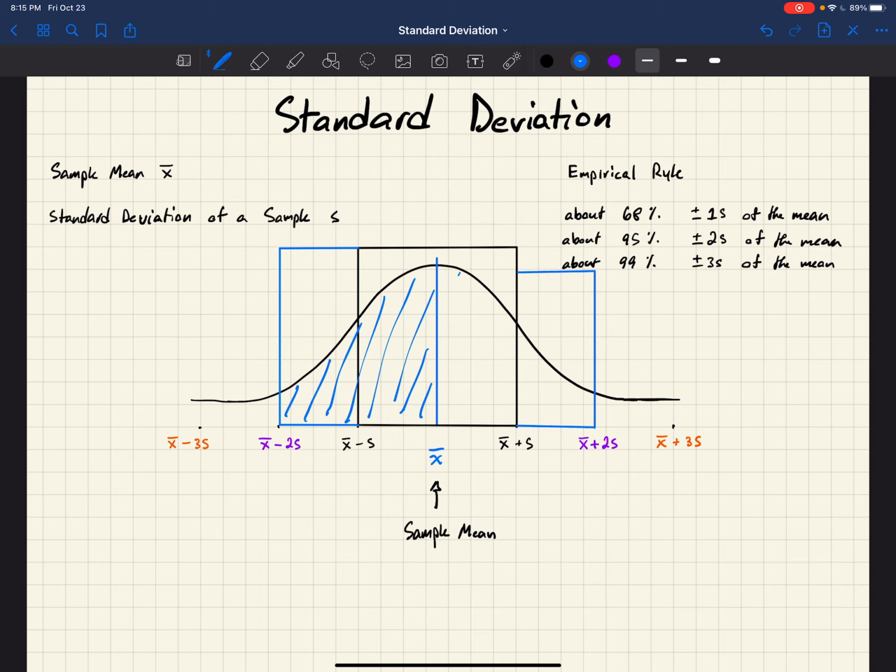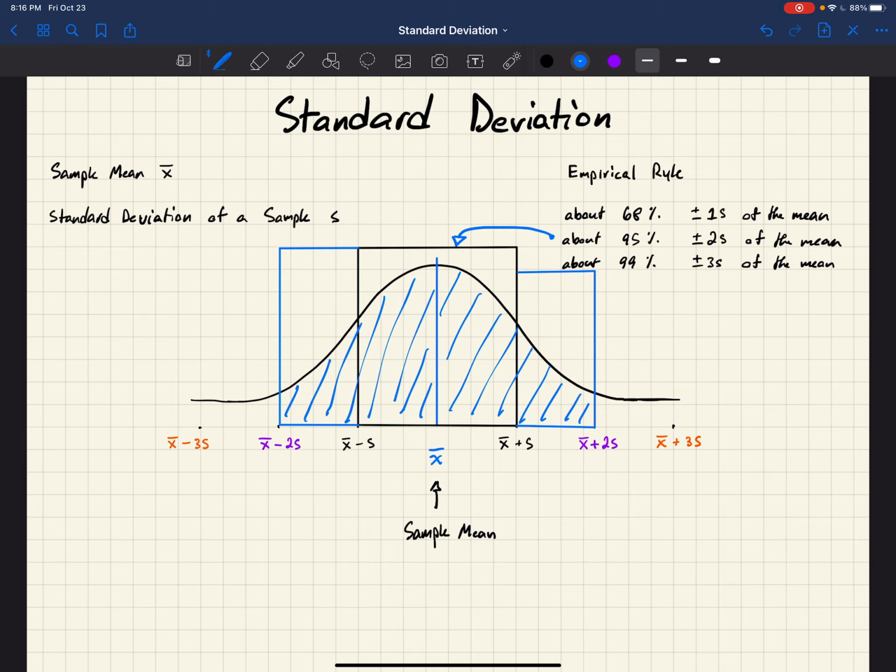Completing this, I will shade in the 2 standard deviations above the mean. So right here, the second level of this empirical rule tells us that 95% of the data we have will fall within that shaded area under the curve. That's 2 standard deviations above and below the mean.